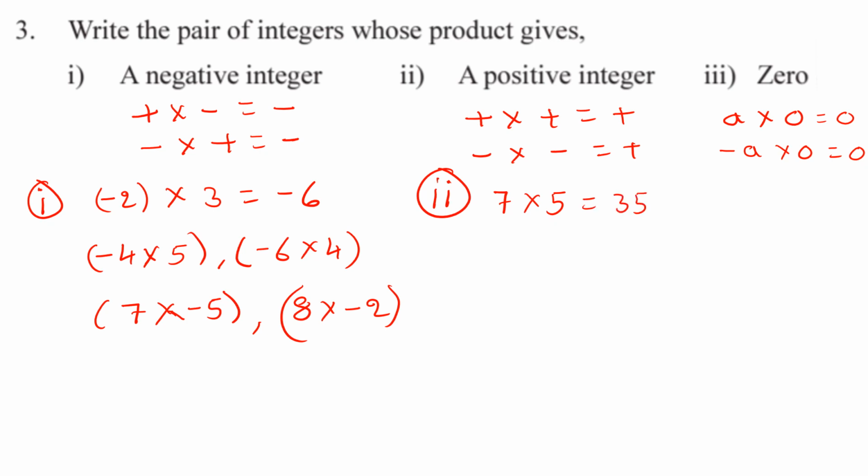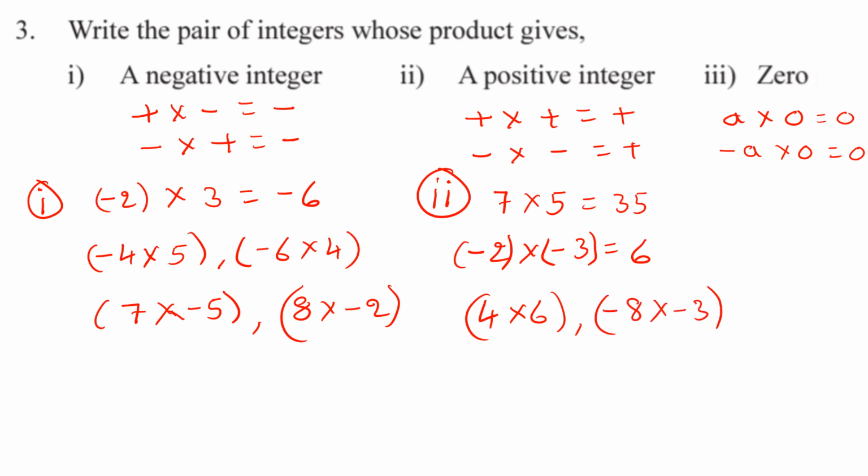Now take the negatives: minus 2 into minus 3 equals 6, that is plus 6 only. Like that, take one more pair here: 4 into 6, and one more pair, minus 8 into minus 3. Now the third question.